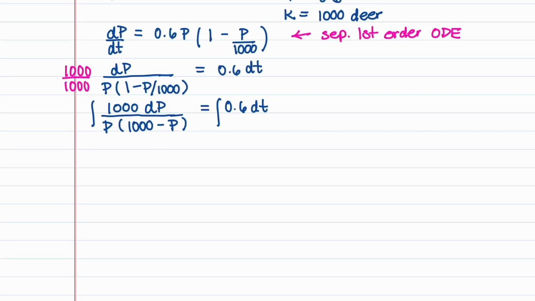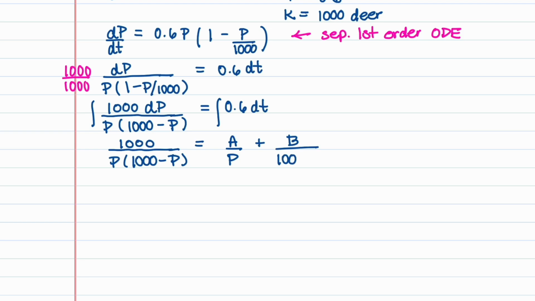Let's now split up our left-hand side using partial fractions. Let's write 1,000 all divided by P times (1,000 minus P) and see what that equals. We can write this as A divided by P plus B all divided by (1,000 minus P).